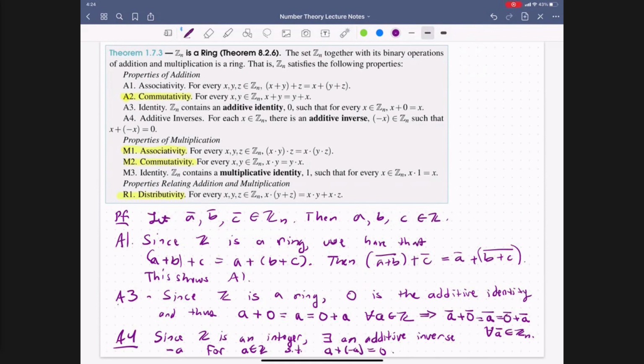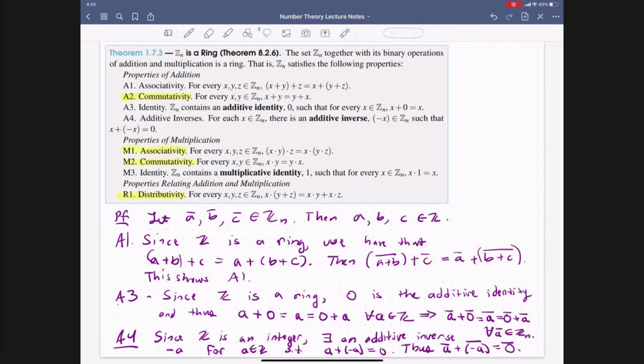Now, if we reduce modulo n, we get A bar plus minus A bar is equal to 0 bar, which establishes that minus A bar, the congruence class of negative A, is the additive inverse of A bar. And so additive inverse also holds.